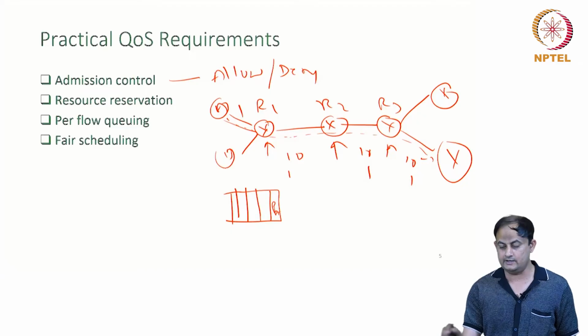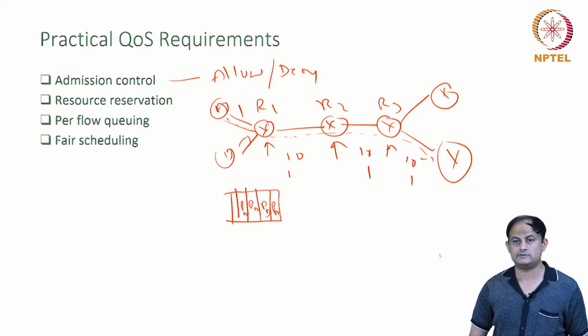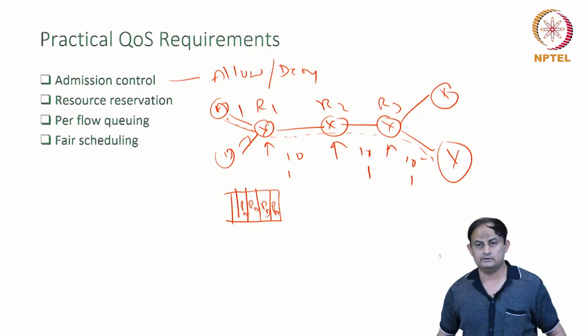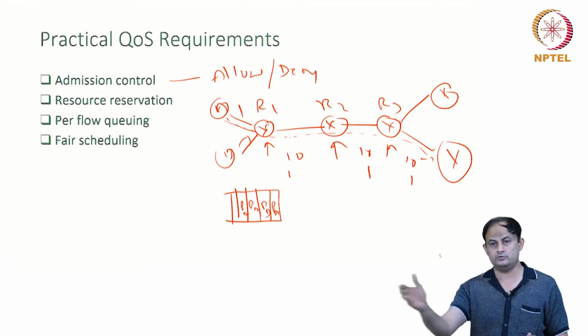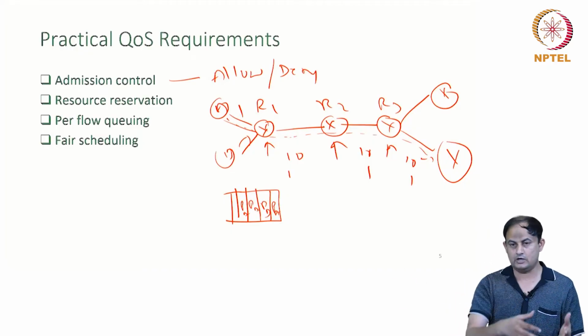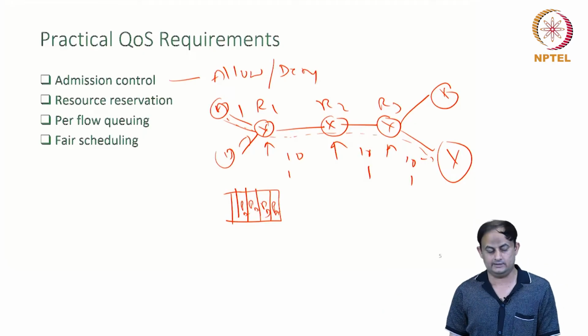And let's say B and X are also talking, B's packet will also reach R1. So maybe his packets will also come and sit here, depending upon the rate at which A and B are transmitting. The packets will come and accumulate inside this queue, and then you need to do the lookup operation and then forward these packets.